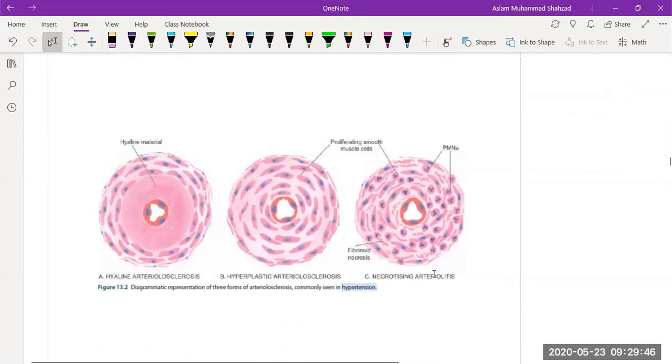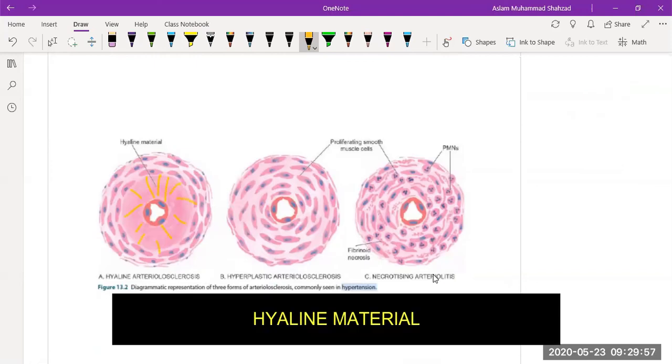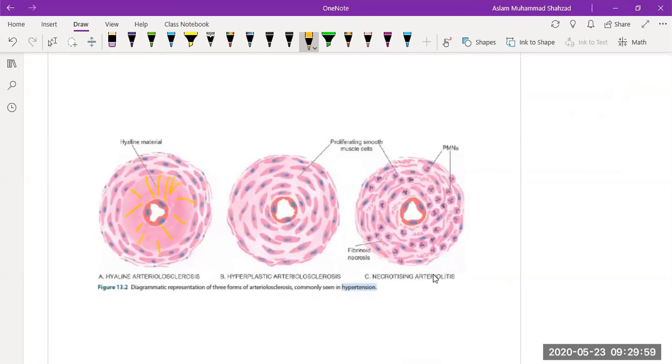And this is a picture to compare hyaline arteriosclerosis, where this material shows the presence of hyaline material. And in hyperplastic, you can see the presence of circular material, which we can say is fibrinoid necrosis.